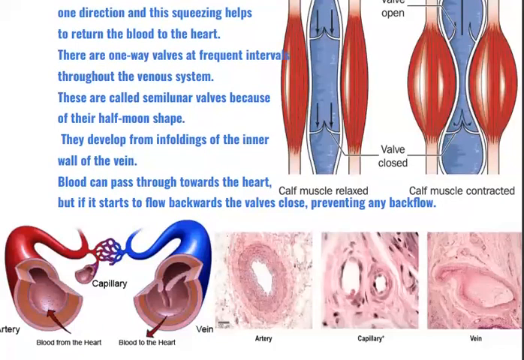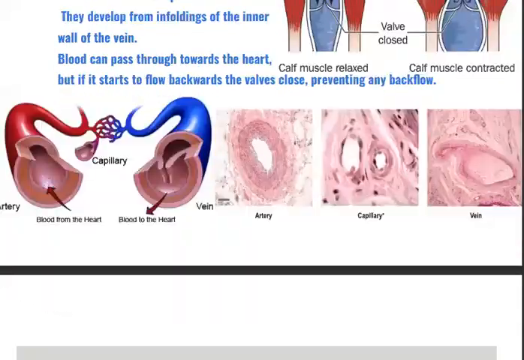These are called semilunar valves because of their half-moon shape. They develop from infoldings of the inner wall of the vein. Blood can pass through towards the heart. But if it starts to flow backwards, the valves close, preventing any backflow.